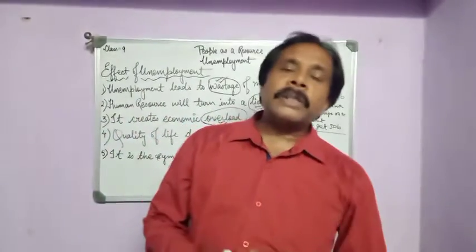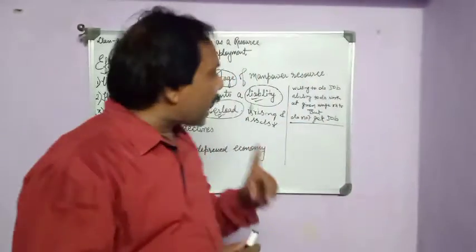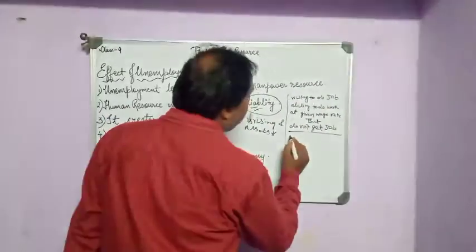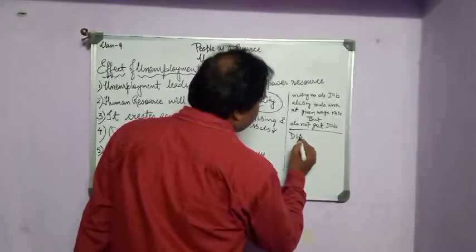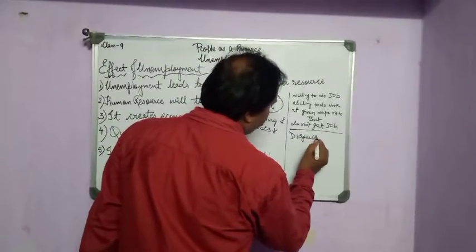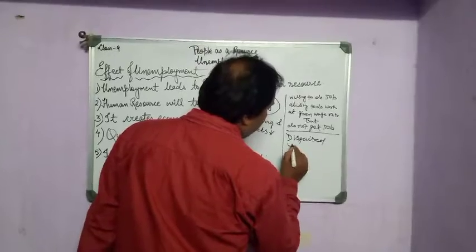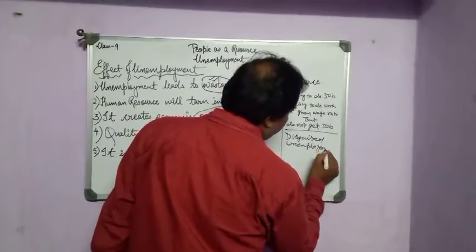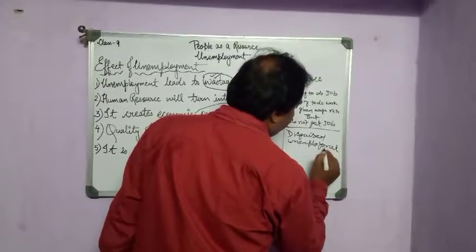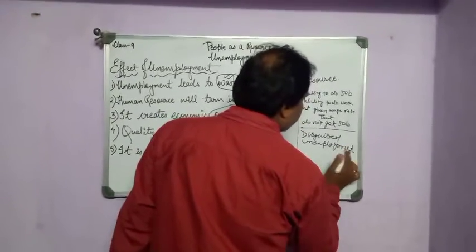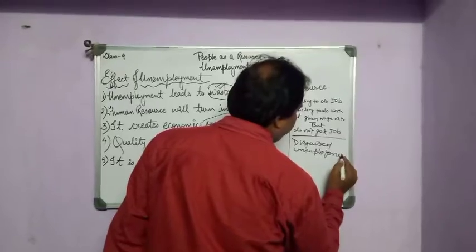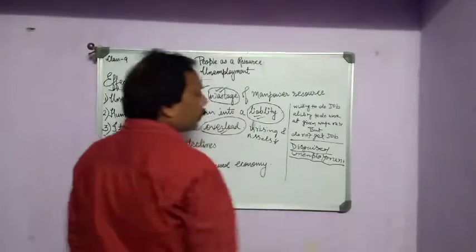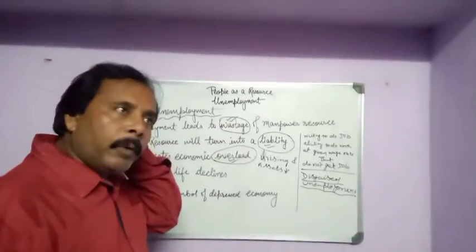Now in your chapter there is also a single kind of unemployment given, that is known as disguised unemployment. Disguised unemployment. Clear? So what is disguised unemployment?